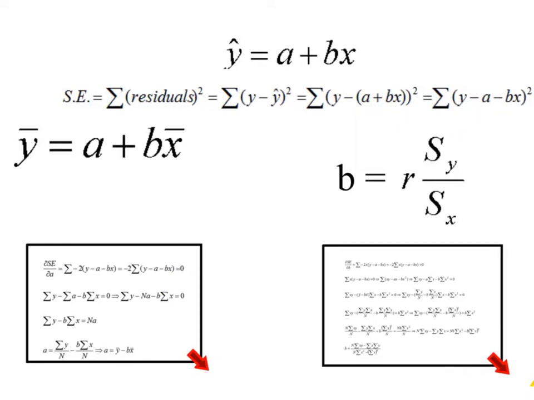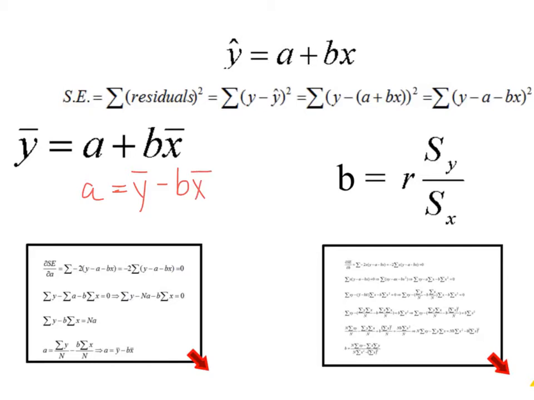And you begin by saying, what if I did the partial derivative only with respect to the y-intercept? And if you solve that through, you would end up with this formula that we can solve for the y-intercept by using the sample means, that the y-intercept will be equal to y bar, the response mean, minus b times x bar.